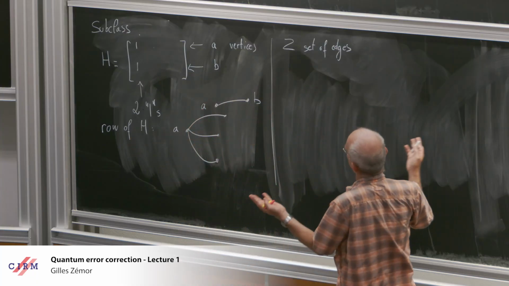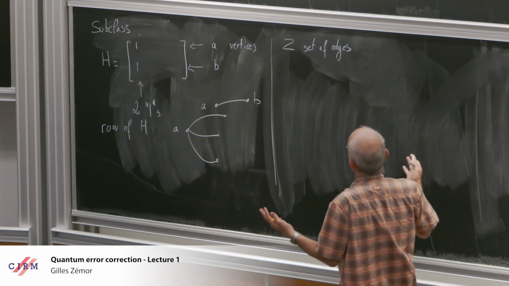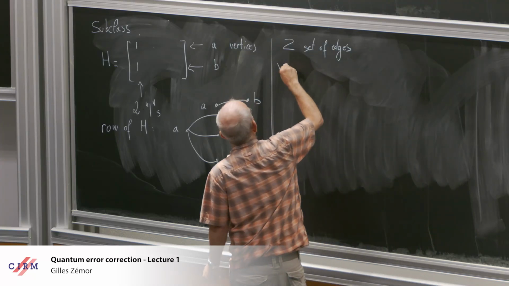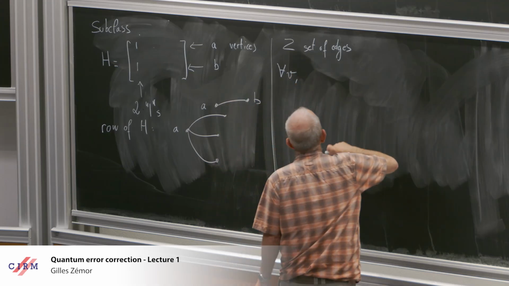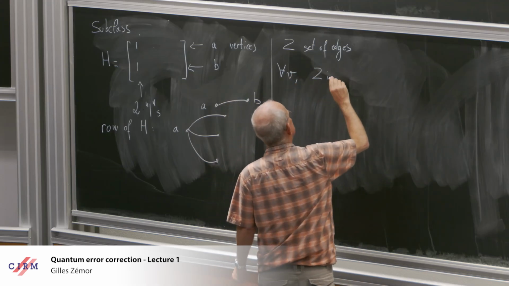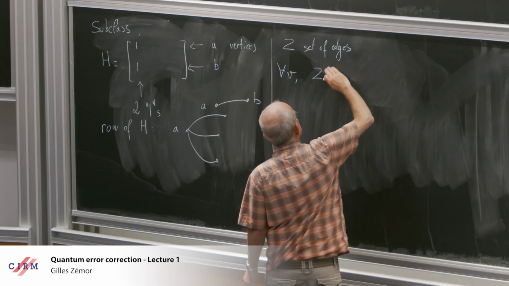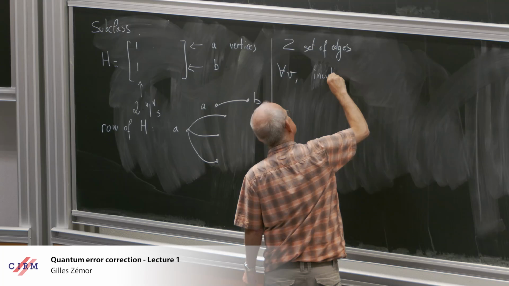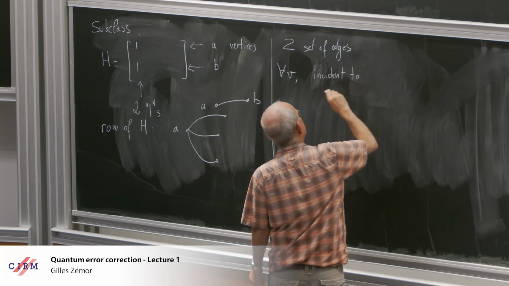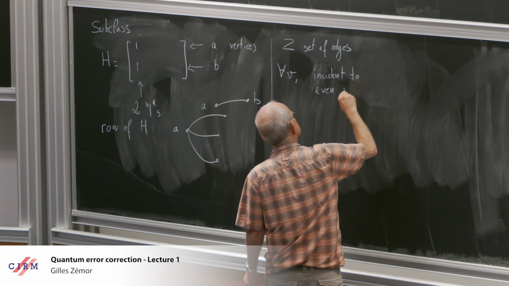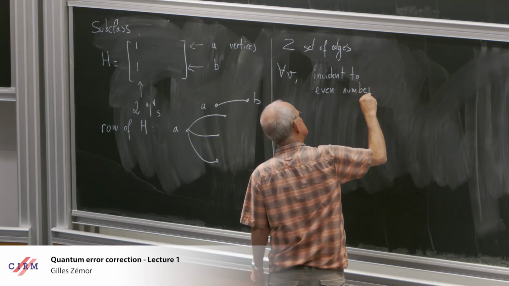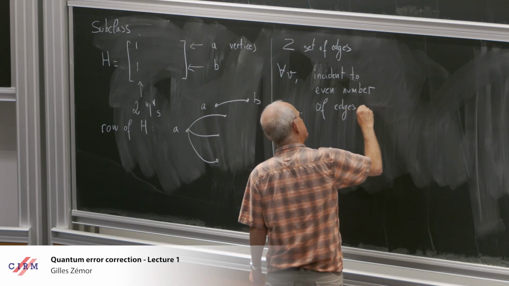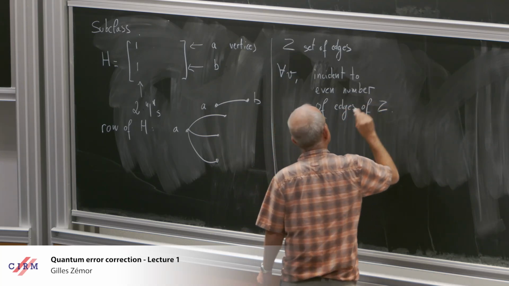So you can think of vectors in your ambient space now as sets of edges. And what is a code word? It's a set of edges with the property that for any vertex V, V is incident to an even number of edges of Z.